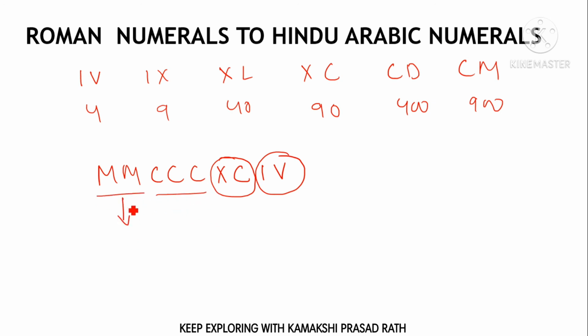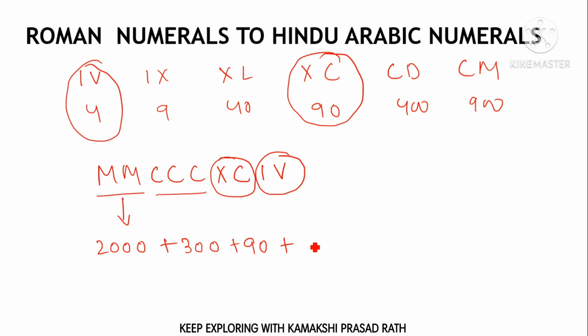MM is 1000 plus 1000, 2000, plus CCC, 100, 100, 100, 300, plus XC is 90, plus IV is 4. So we get 2394. In this way we can convert Roman numerals to Hindu-Arabic numerals.